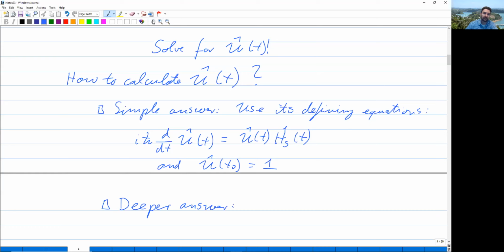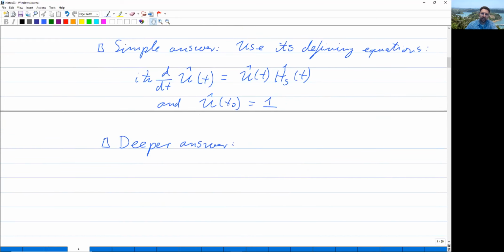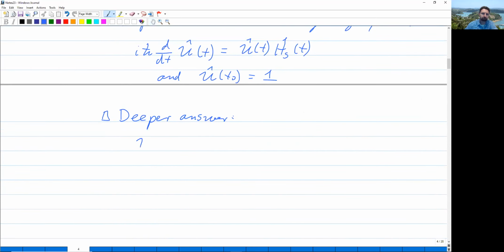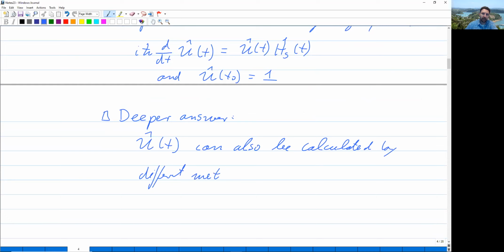So a deeper answer is that u hat of t can also be calculated by different methods. And this is the Feynman path integral, by the Feynman path integral.